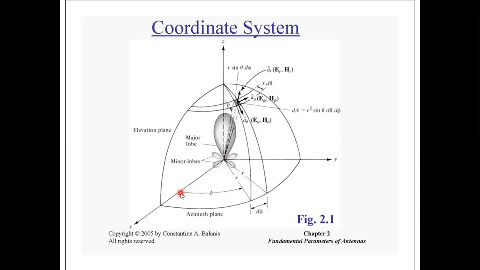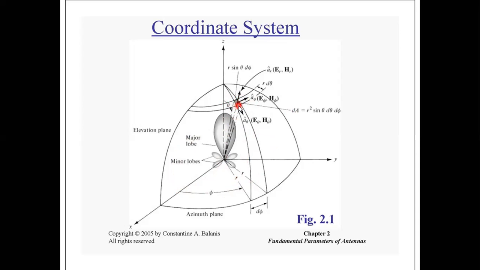Similarly, the angle phi starts from here and goes to 360 degrees. Here the angle is theta, and the smallest angle is d theta. So the radius multiplied by the smallest angle gives this side as r d theta.